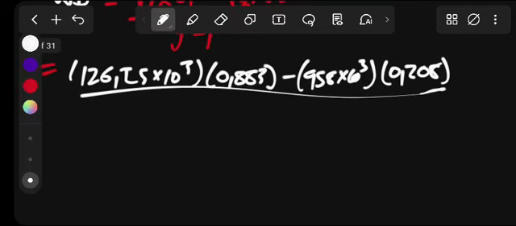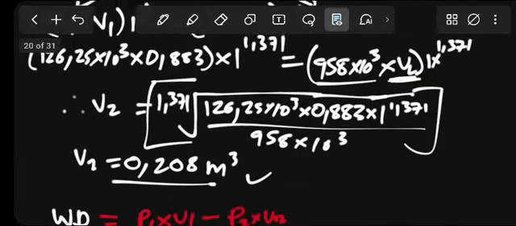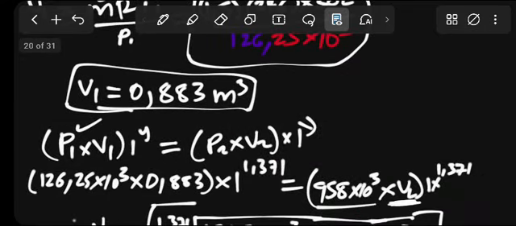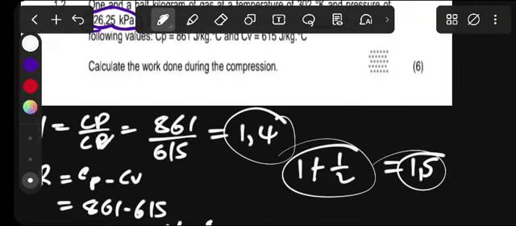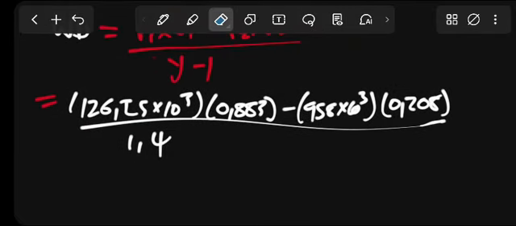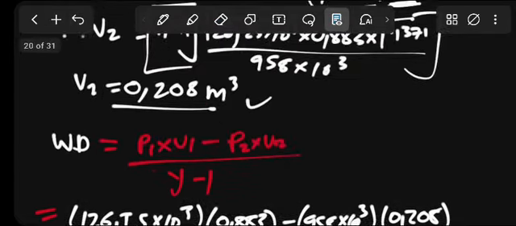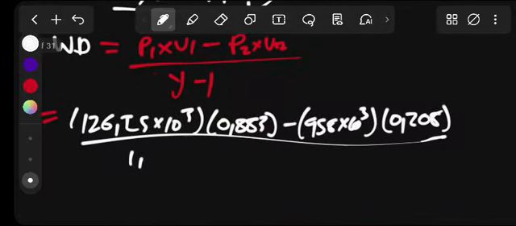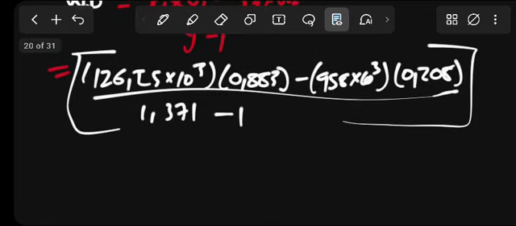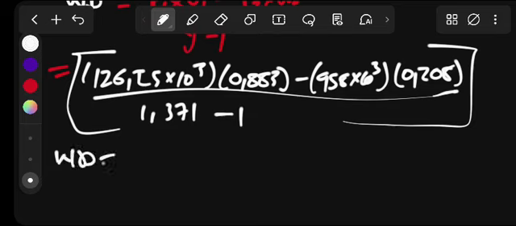Let's just use 1.4, because I think I got 1.4 here. I just round it off to 1.4. But nevertheless, let's just continue with what we've used on the top, which is 1.371, minus 1. This will simply give us the work done.